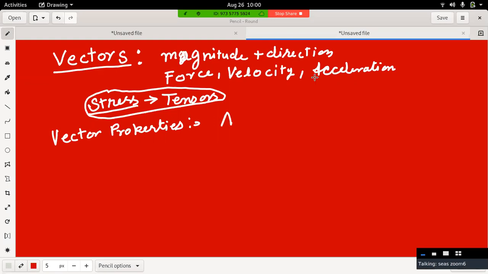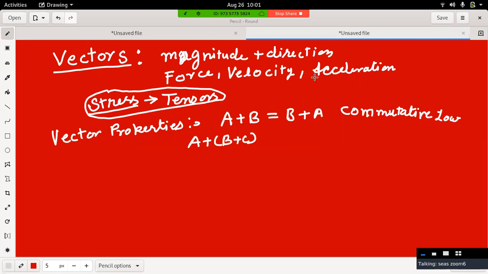If there are two vectors A and B, then they follow the commutative law, A plus B is equal to B plus A. If there are similar three vectors, then A plus B plus C can also be written as A plus B plus C grouped differently. This is called the associative law.